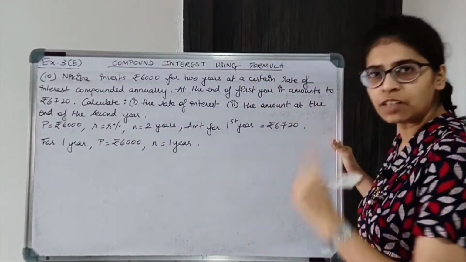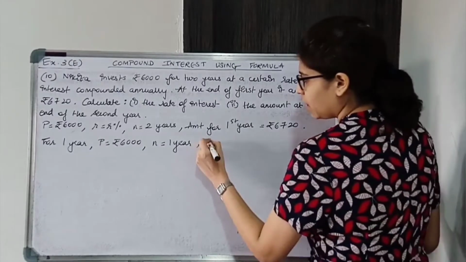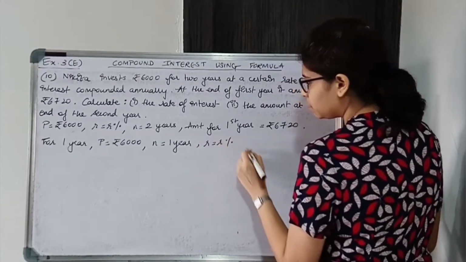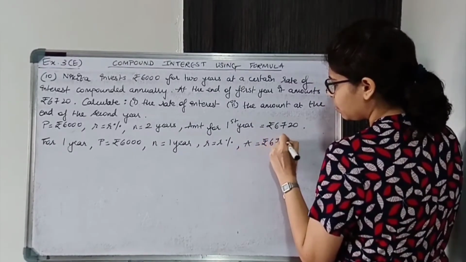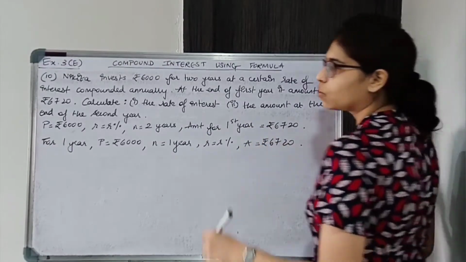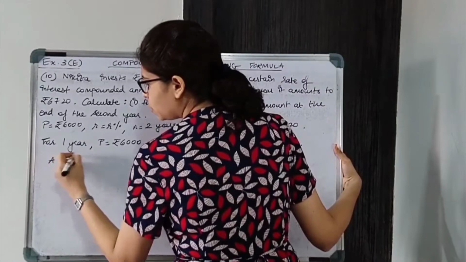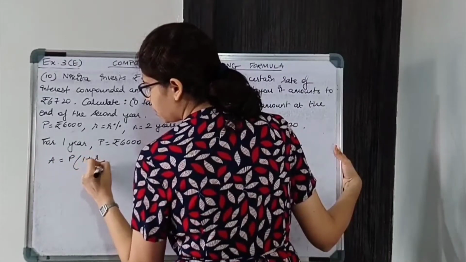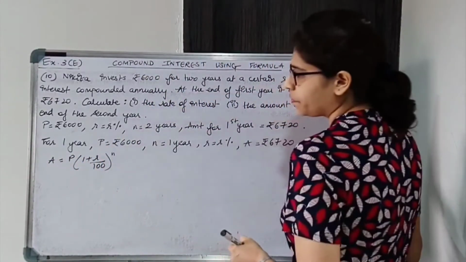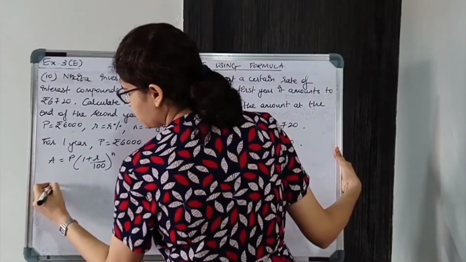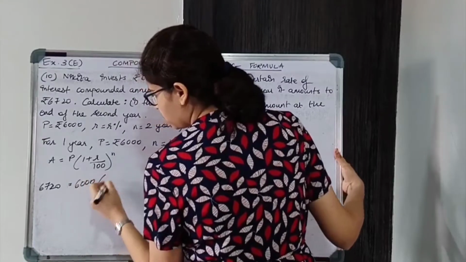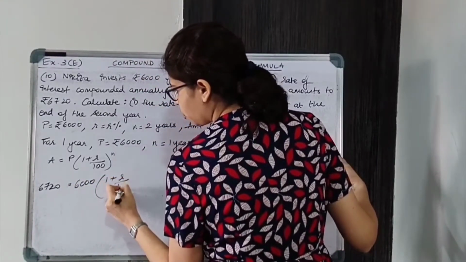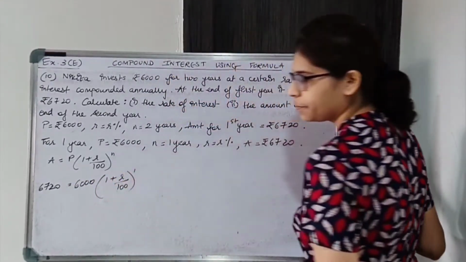You're considering only 1 year. R is R%. And amount is 6720. So A is equal to P into 1 plus R upon 100 raised to N. So A is 6720, P is 6000 into 1 plus R upon 100 raised to N is 1.